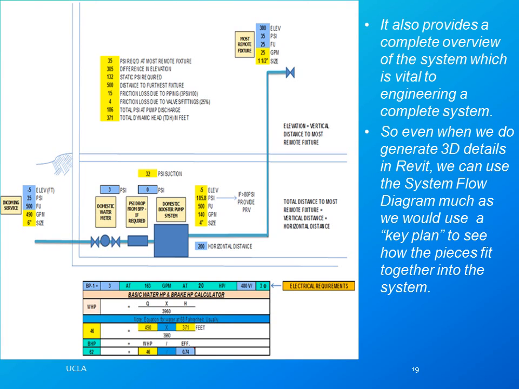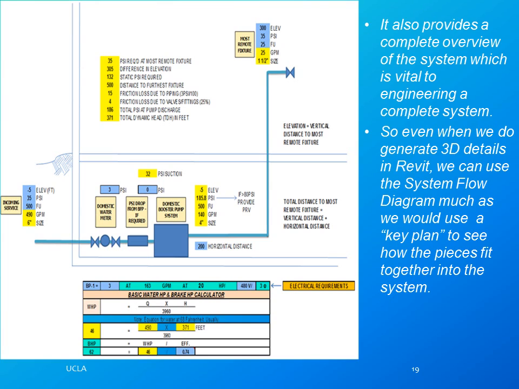Down on the bottom section, I have an orange box that says electrical requirements. You can give this to the electrical engineer right away, so at least they have an idea. Now, sometimes the height of the building changes and other things change, so this could change, but it at least gets them in the ballpark. They know what kind of power they're looking for.